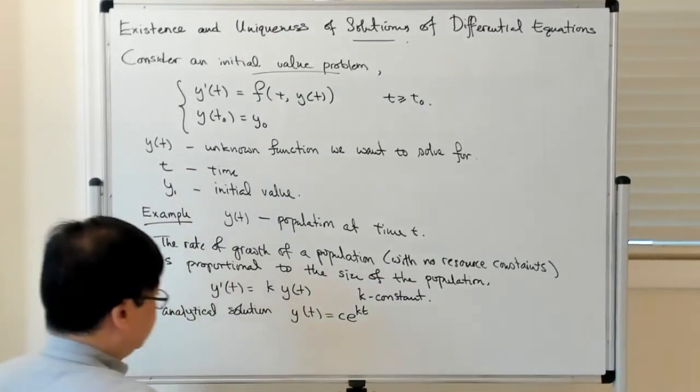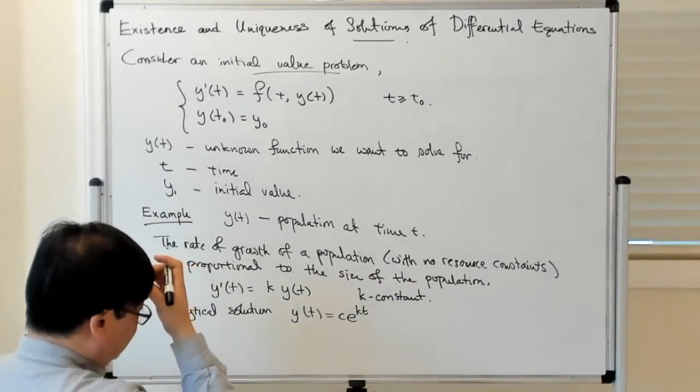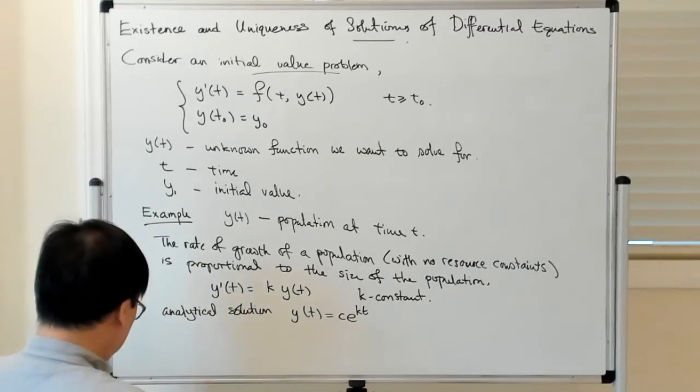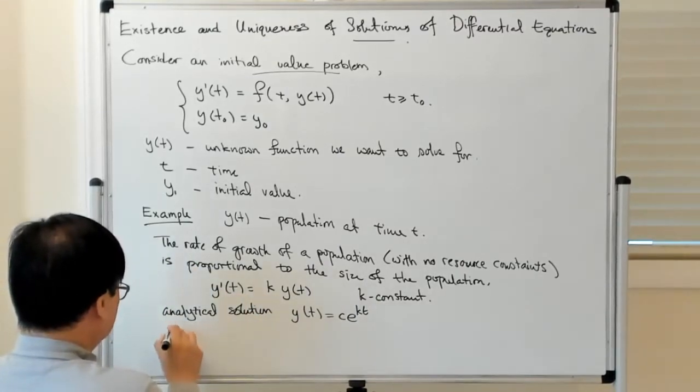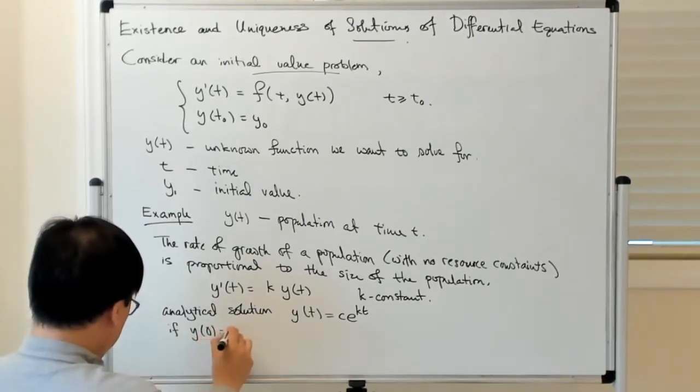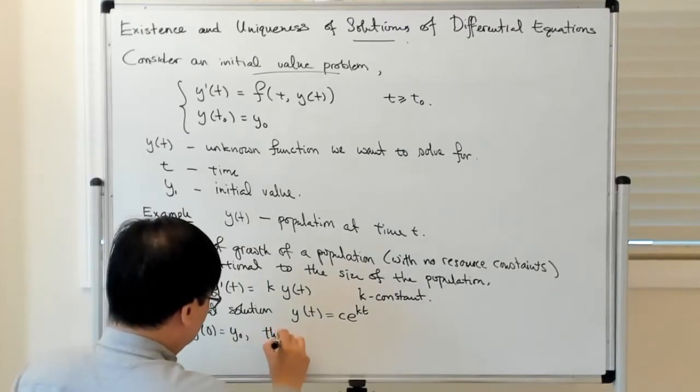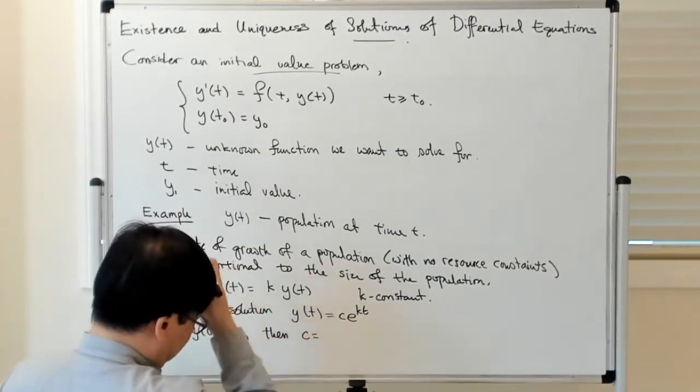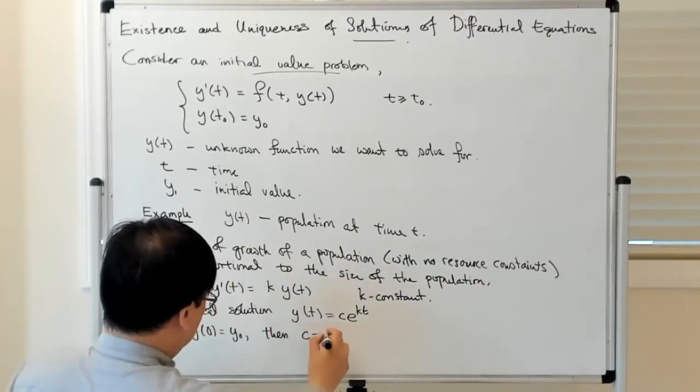If you have an initial value y0, so y at initial time 0 is equal to y0, then c is equal to y0.